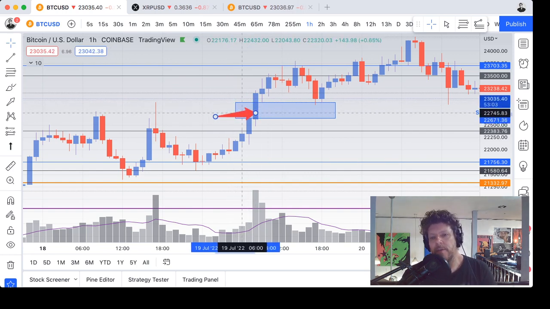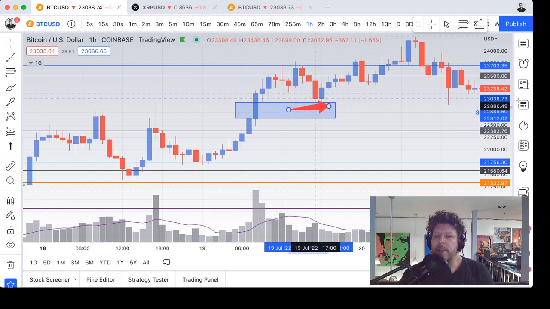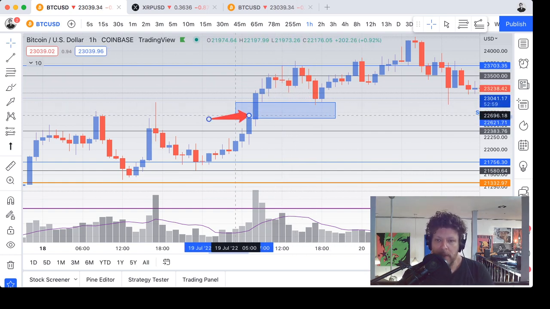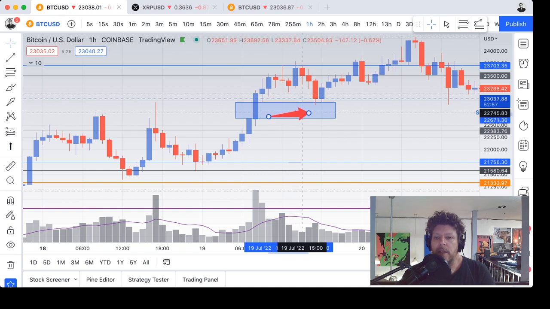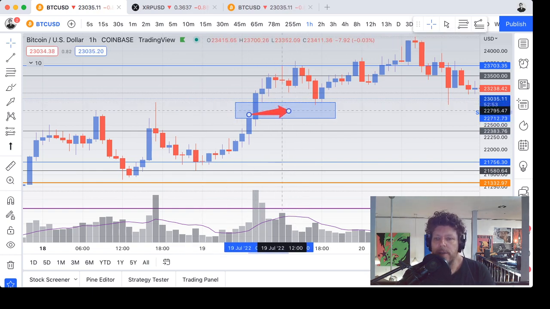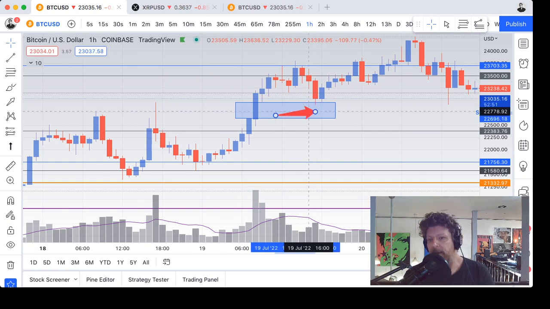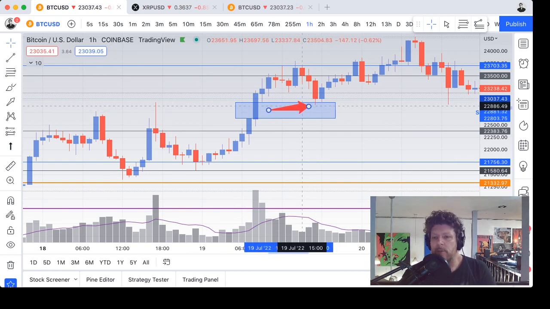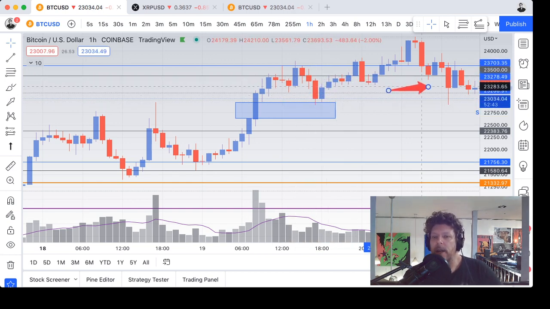And it was confirmed when price came back down and touched this as a demand zone, meaning there is liquidity in here. So they used this fair value gap liquidity. They found it. Whoever was pushing price grabbed some more shares of Bitcoin and pushed the price a bit higher.